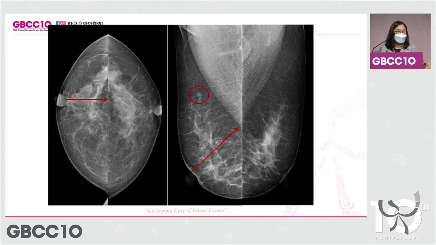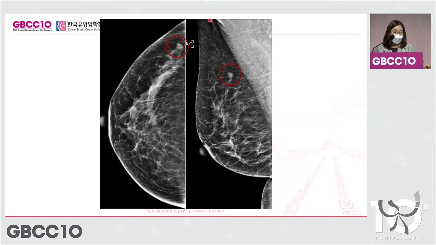It's a little shorter, but this margin is probably 1 centimeter. So if the difference is 1 centimeter, you might expect that the whole breast tissue would be seen. But if it's bigger than 1 centimeter, you might miss an important portion of the breast.